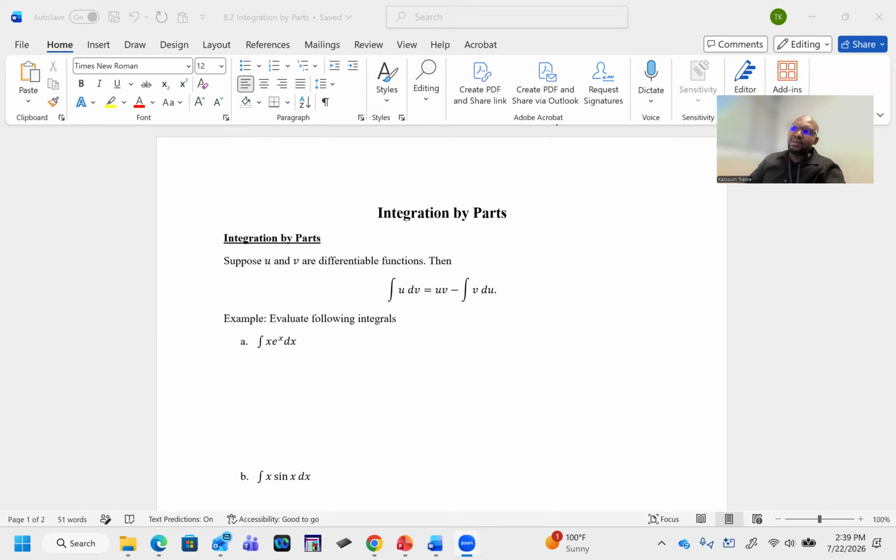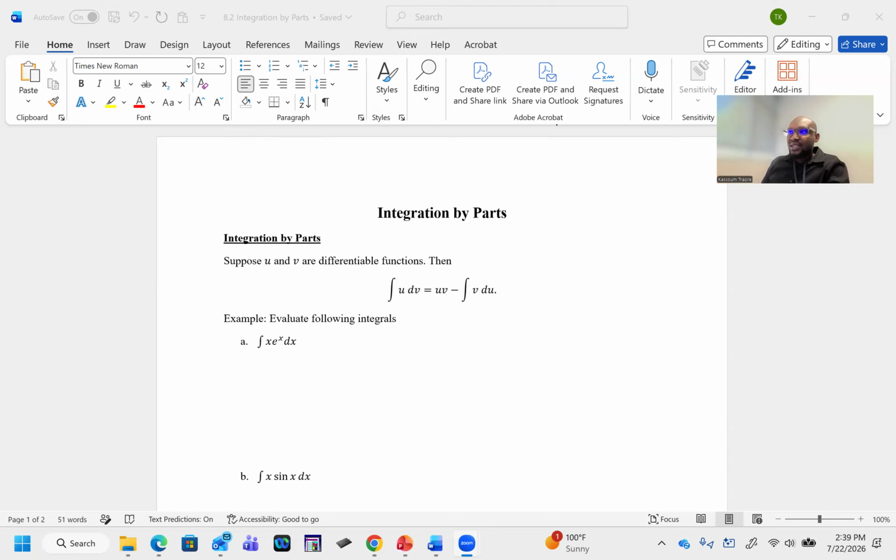But basically, for example, if I'm asked to evaluate the following integral, x times e to the power of x dx, you need to identify your u and your dv. Most of the time, use u for a function whose derivative can be integrated easily. Do you understand?